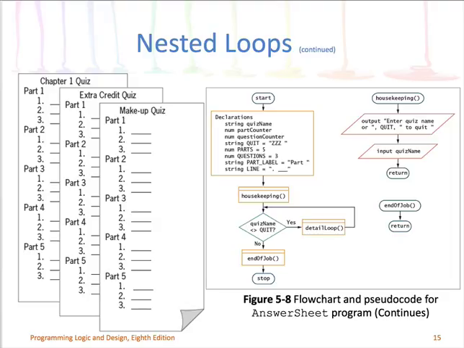So the housekeeping asks you what the name of the quiz is, and then the detailed loop, which they don't have on this page, is going to have another loop in it, which is going to get the score for the various parts.